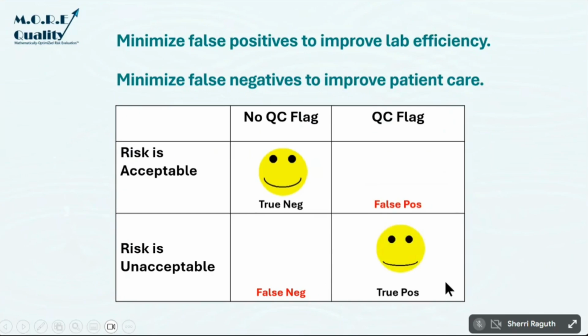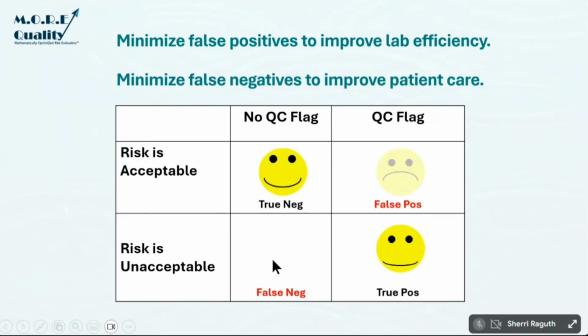Occasionally, something goes wrong, and that's when you expect and trust your QC to detect that error, and that's a true positive. You're not as happy because you've got a positive. You've got to determine what went wrong, you've got to repeat your patients, you've got to fix the problem, but you're darn well satisfied because you got a QC flag when there was a problem.